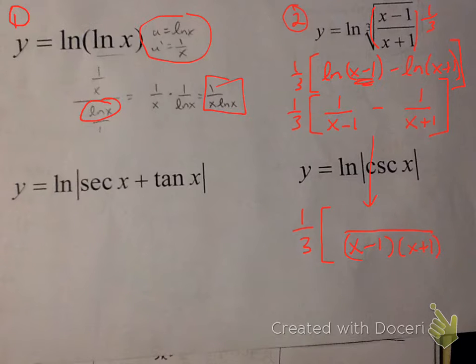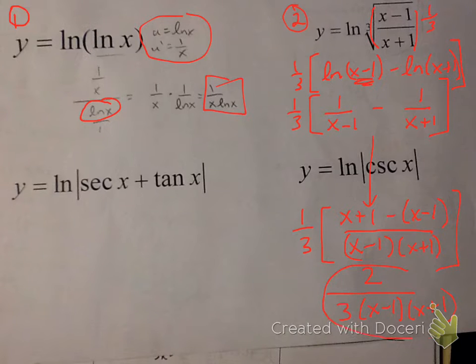And so x plus 1 for the first fraction, because it's missing the x plus 1, minus x minus 1 for the second fraction, which just gives you x minus x, which is 0, and 1 plus 1, which is 2. So your final answer would be 2 over 3 times x minus 1 times x plus 1. And that would be the derivative.